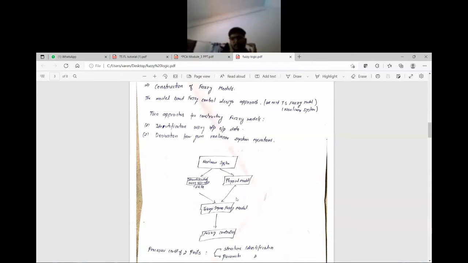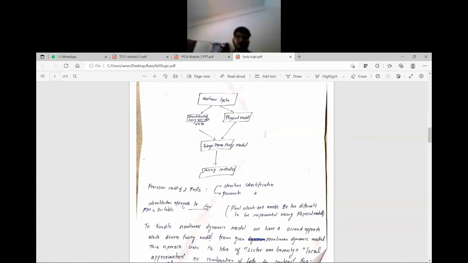This is the block diagram of how we can construct the fuzzy models. First, we have a nonlinear system. We have to identify the system parameters using input-output data, and then it is given to the TS fuzzy model, and after that the fuzzy controller, which gives us the output.